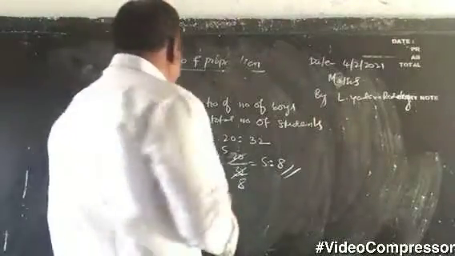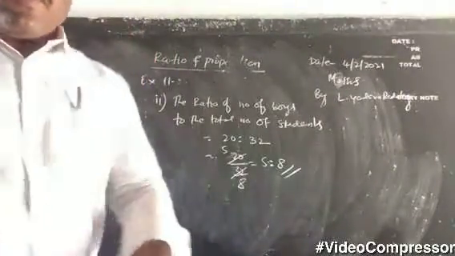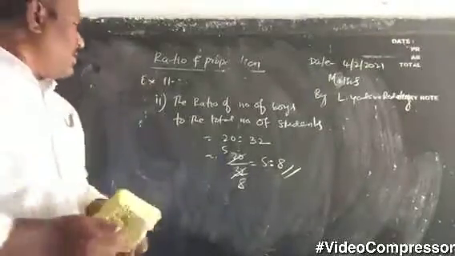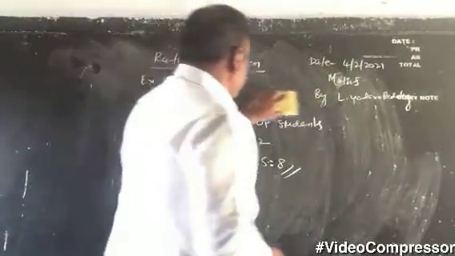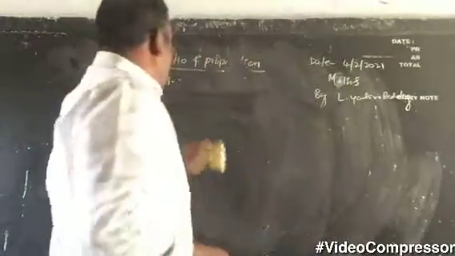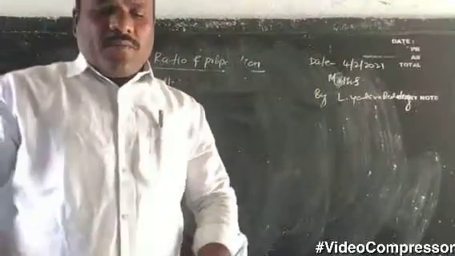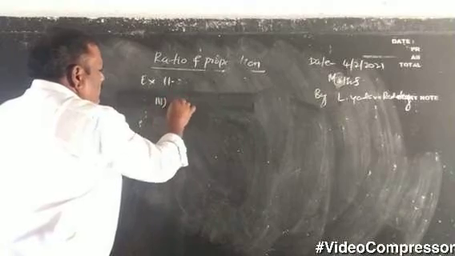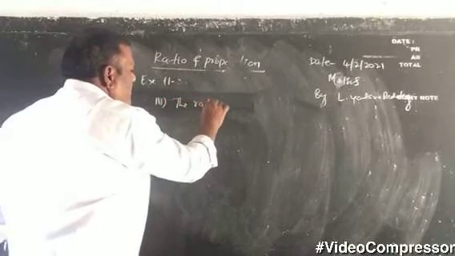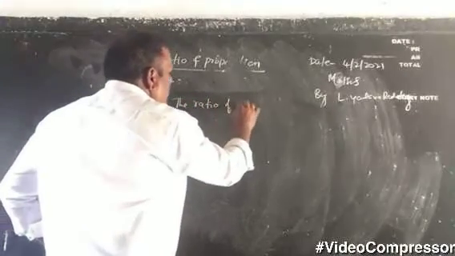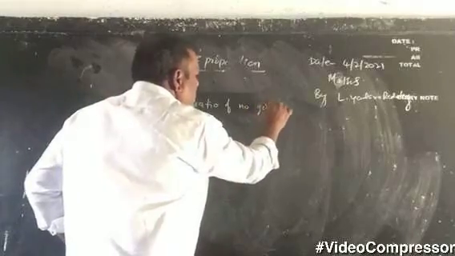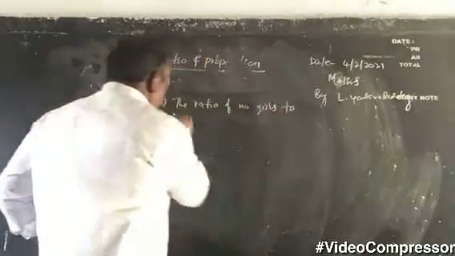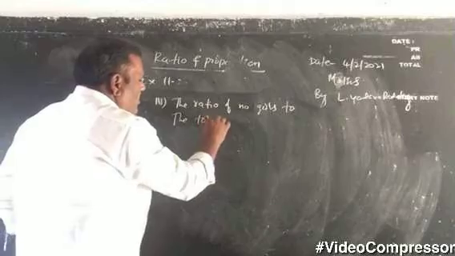Now third one. What is the third one children here? This is the second one, and now the third one. The ratio of number of girls to the total number of students in the class.